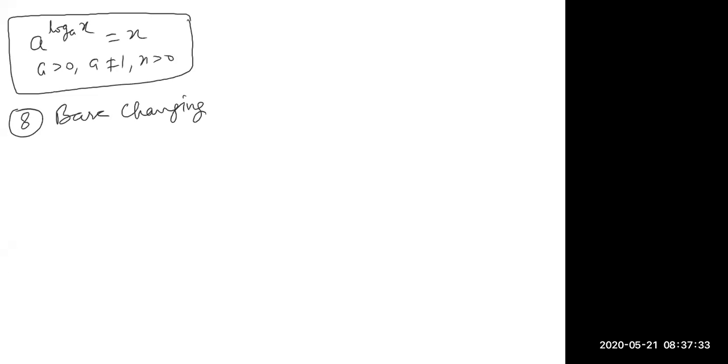So base changing property means sometimes we need to change the base. Here there are two particular formulas. One is log a b can be written as log b upon log a, and on the right hand side you can choose any base. If you want to choose base c, you can have c.